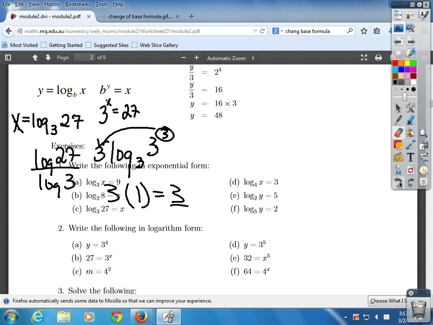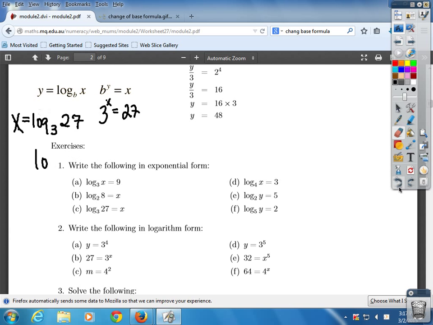And then the last one, m is equal to 4 to the 2nd power. So 4 to the 2nd power is equal to m. y is what? 2.